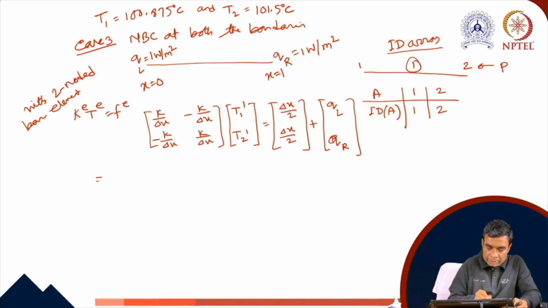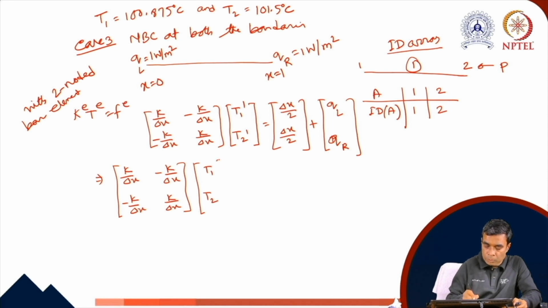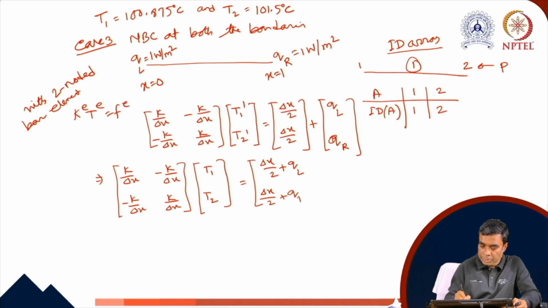So this gives us the matrix K by delta x, minus K by delta x, minus K by delta x, K by delta x, times T_1, T_2, equals delta x by 2 plus Q_L and delta x by 2 plus Q_R.